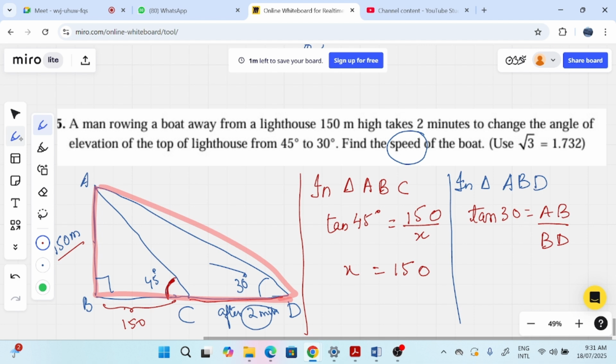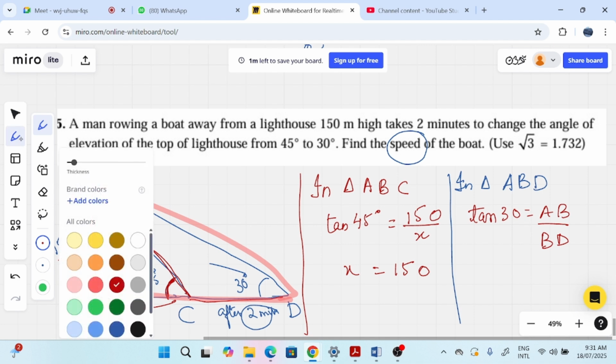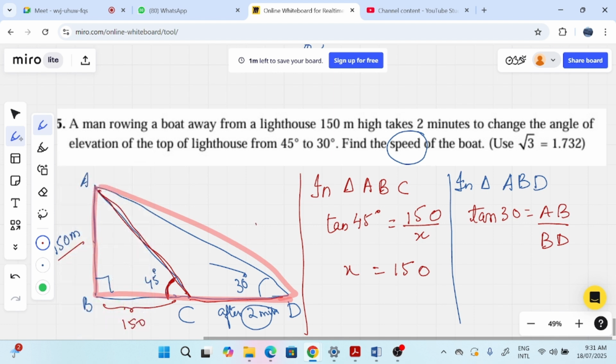How is it 150? They never said AC is 150. How can you take it as 150? Again and again I'm saying, kids, understand the question and do. People who are finding it difficult to understand the diagram from day 1, day 2, day 3, the recordings are there. Please spend your time and go through them again.